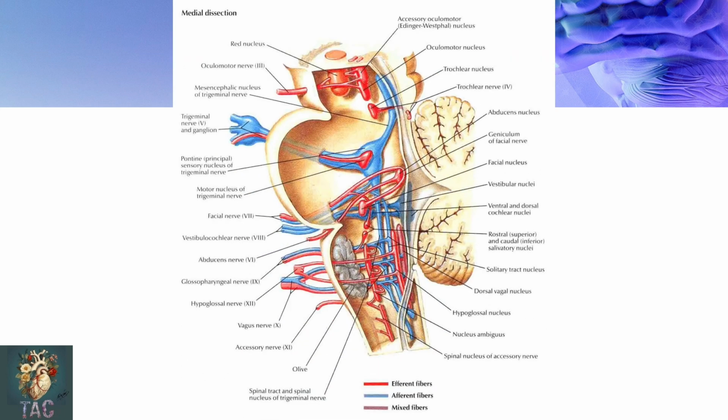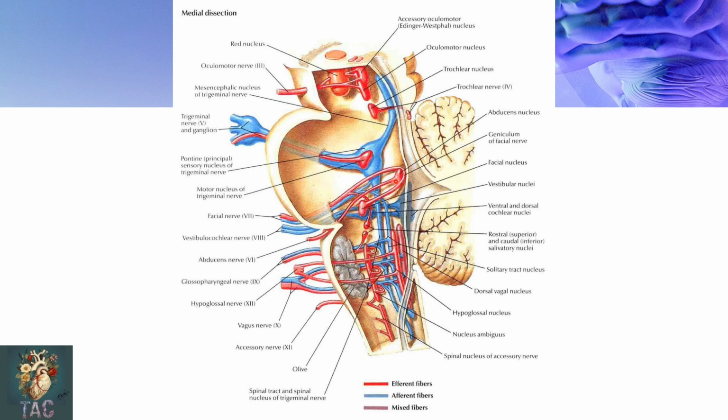This is another diagram showing you the different nuclei in the adult brain. The red color shows the motor nuclei and the blue color shows the sensory nuclei. So first we are looking at this. This is the red nucleus and this is the accessory oculomotor nerve nucleus, the Edinger-Westphal, along with the motor nucleus of the accessory nerve. Then is the trochlear nerve nucleus, and then the motor nucleus of the trigeminal nerve.